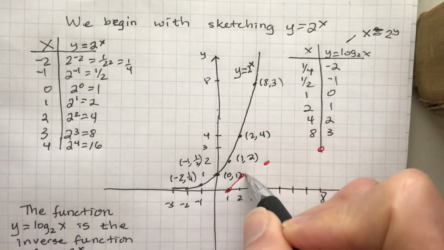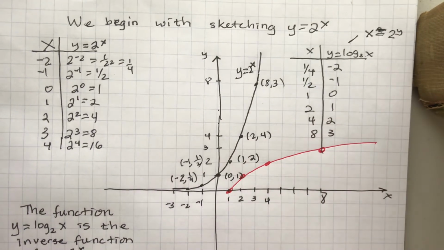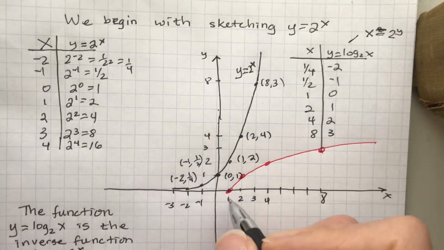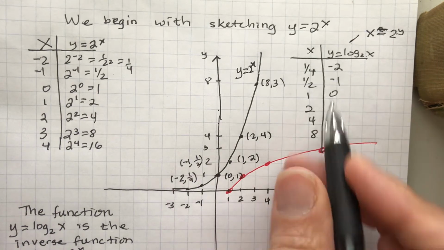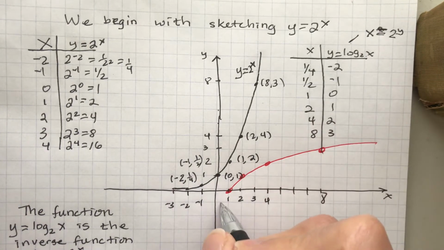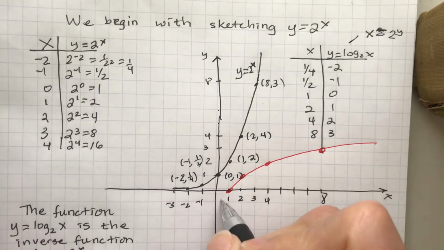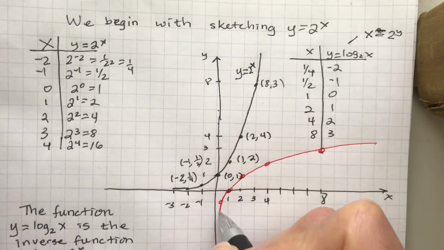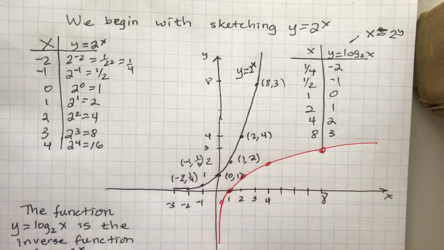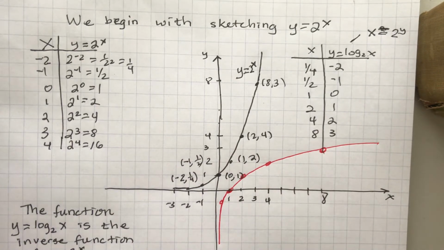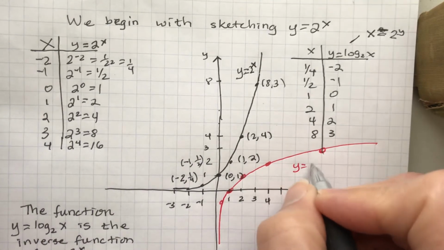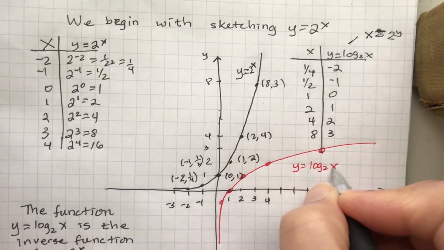And I connect those. And then over here, I can just do these also. It's just a little smaller space, but I can just put those also. Okay, so this graph right here is y equals log base 2 of x.